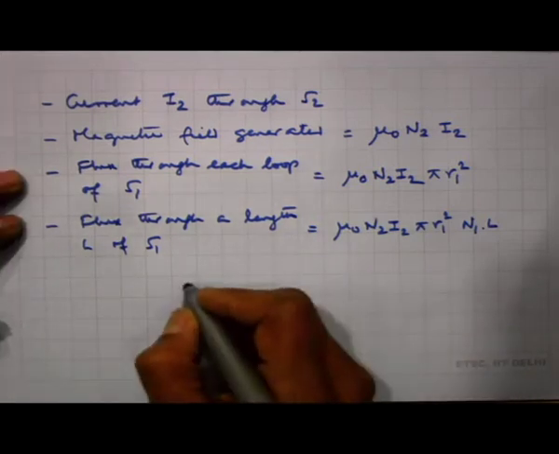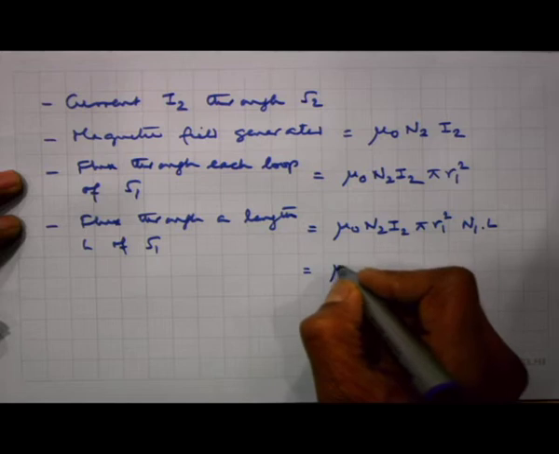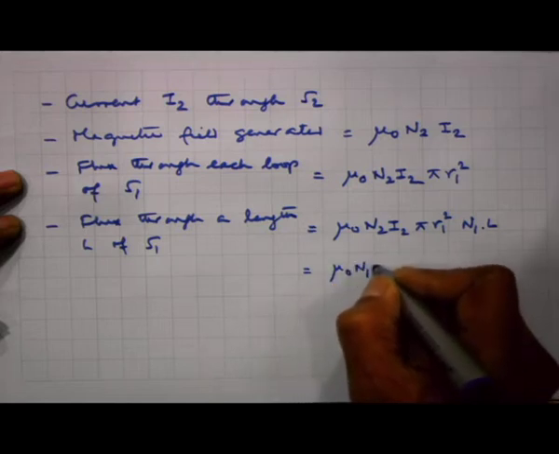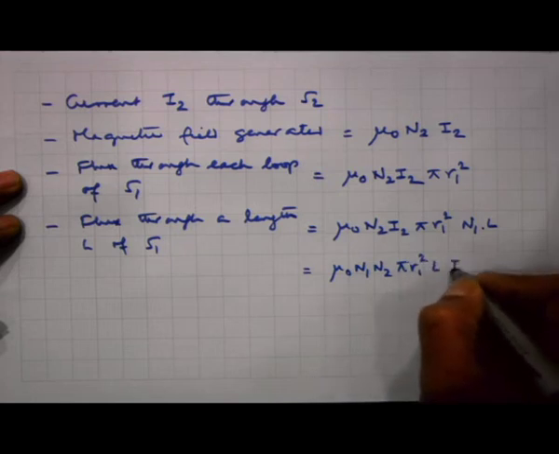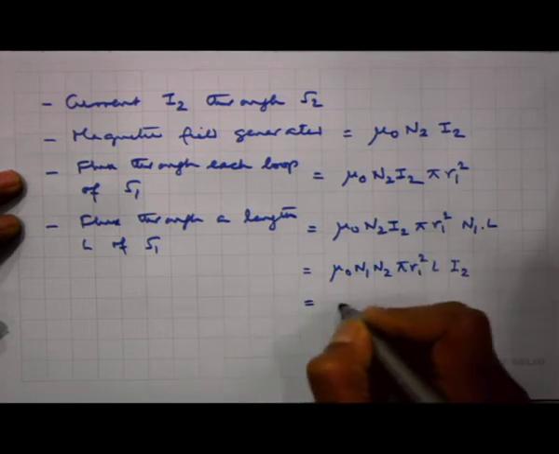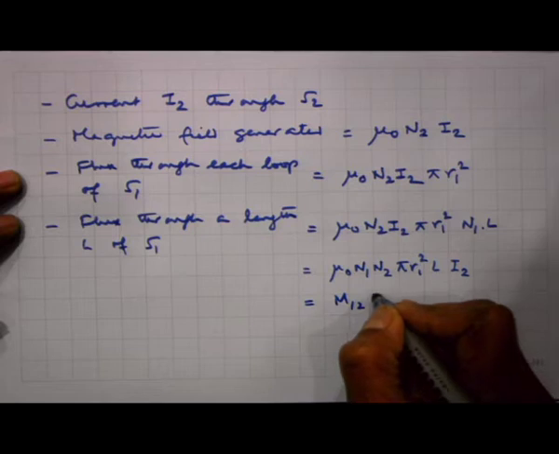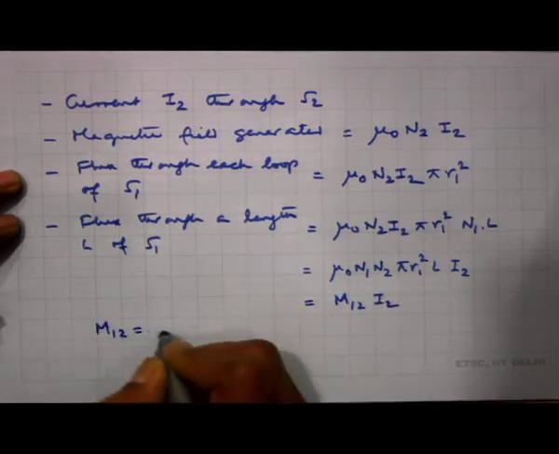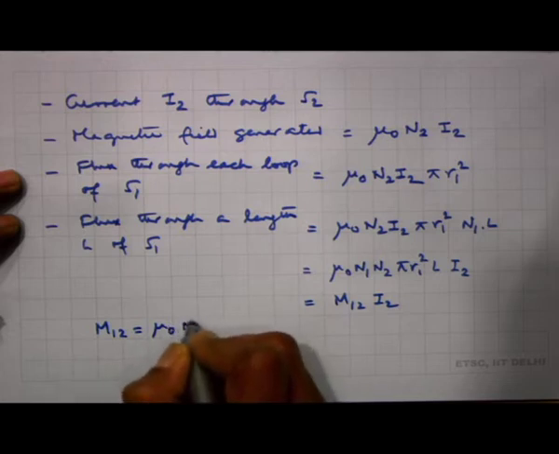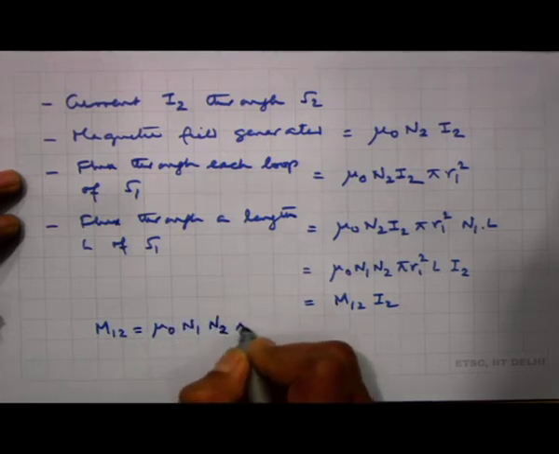So, this is equal to mu naught N1 N2 pi R1 square L I2, which I write as M12 I2, where M12 is the mutual inductance per unit length, which is mu naught N1 N2 pi R1 square.